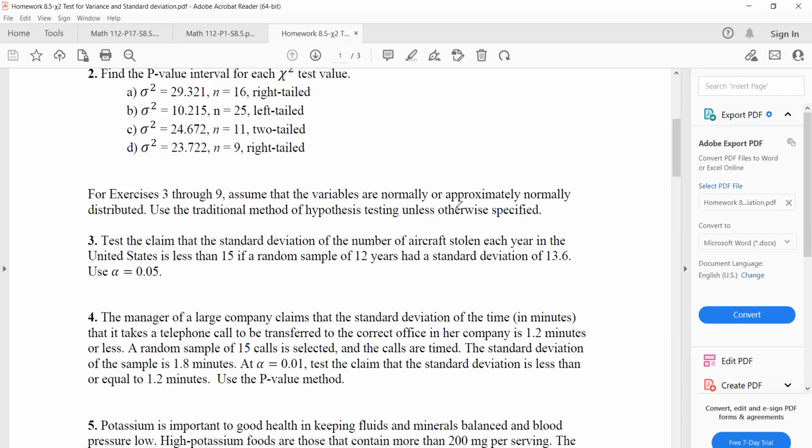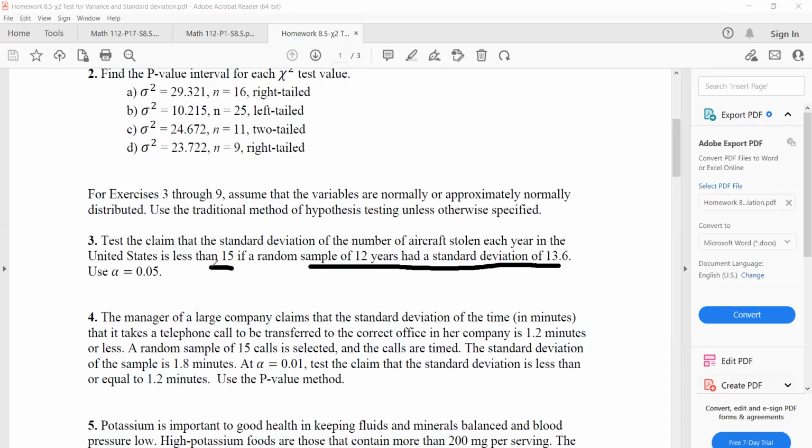Be a little bit careful there. This is something we're going to get into. This is the sample standard deviation. This is S. But it says test the claim that the standard deviation of the number of aircraft stolen each year is less than 15.